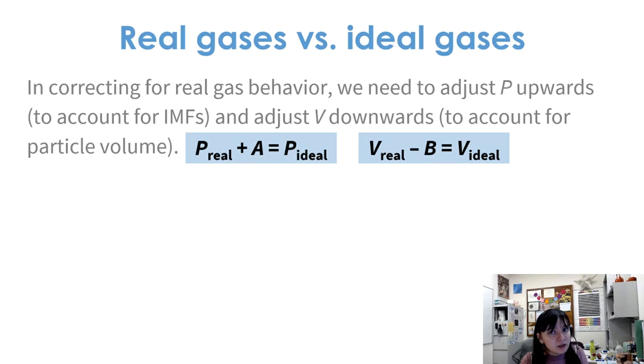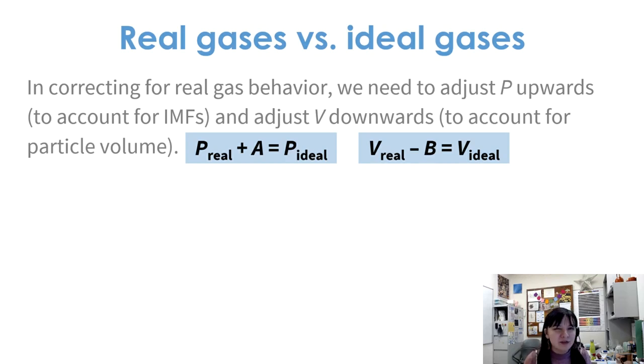Or with the volume of a real gas, because that is generally higher than the volume of an ideal gas, we would need some sort of correction to lower that volume as well. So I outline that here as the pressure of a real gas plus some correction is equal to the pressure of an ideal gas, or the volume of a real gas minus some correction is equal to the ideal volume.